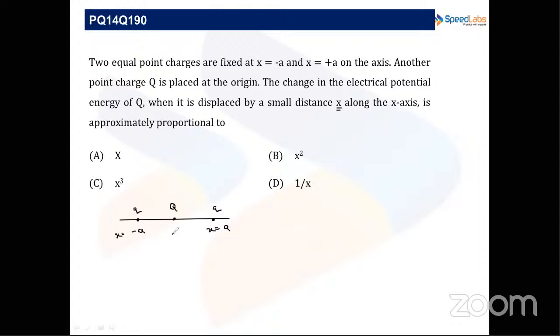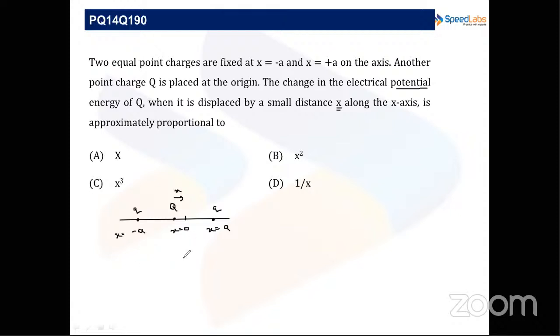So on origin we have kept Q. Now if we move this by x, then Q comes over here. They are asking ki change in electric potential. So let us just shift it and then write the potential. Okay, and initially potential. So let's just write initial potential, final, and then we will find change in potential.